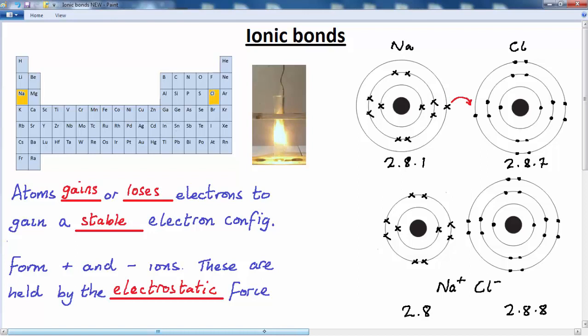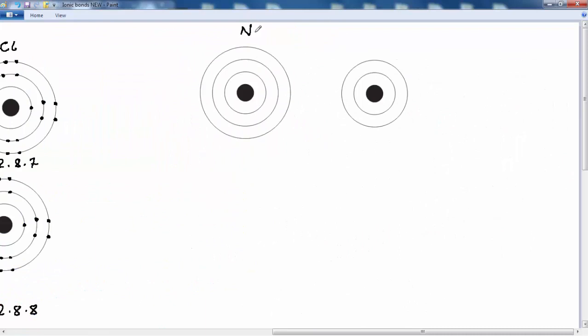So we can now have a look at a slightly more complex arrangement. For example, we'll take the ionic bond between sodium and oxygen. Again, we've got sodium, Na, with the electron configuration 2.8.1.